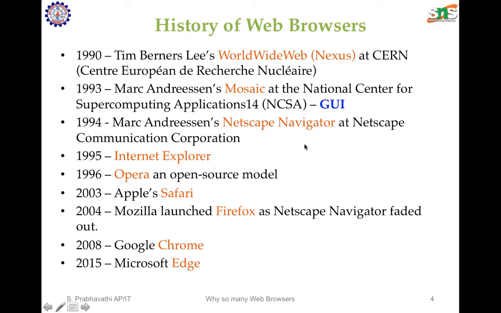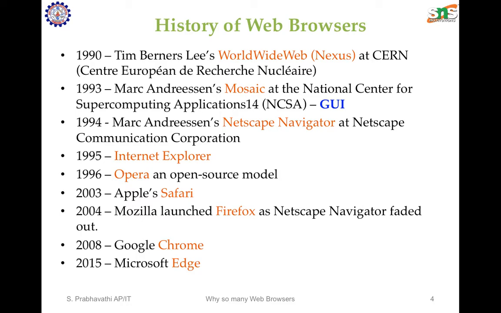Okay. Then in 1995, Internet Explorer made its debut as Microsoft's first web browser that supports CSS, that's cascading style sheets. In 1996, Opera, an open source model, was made capable of running on any operating system.